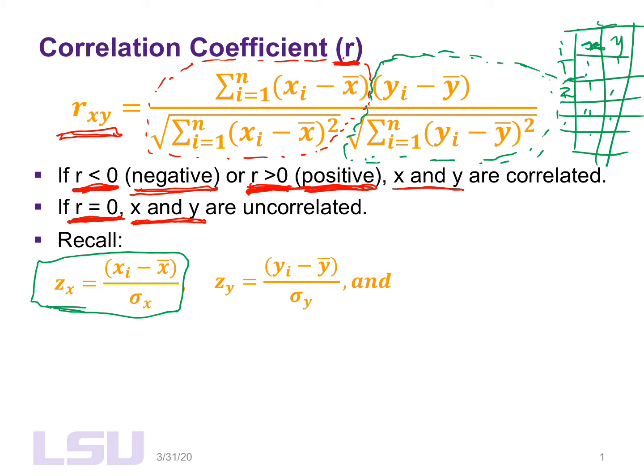You get the mean, which is X bar, then subtract the mean from each of these X's. That's what this is. The denominator is just the standard deviation, which is sigma X. Do the same for Y, and you get the z-score transform of the Y data. It's just normalizing the data.